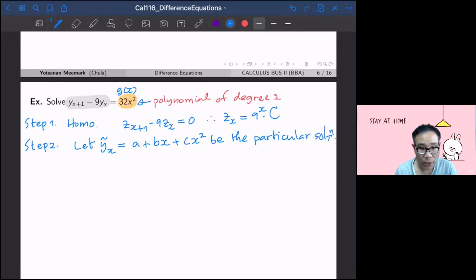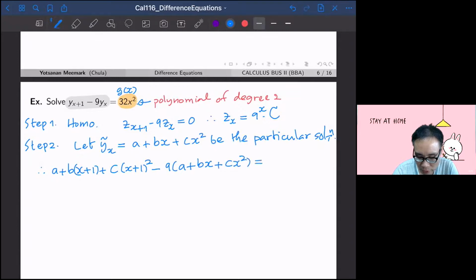And then you're going to have y(x+1), so it's going to be a plus b(x+1) plus c(x+1) squared minus 9(a plus bx plus cx squared) equal to 32x squared.